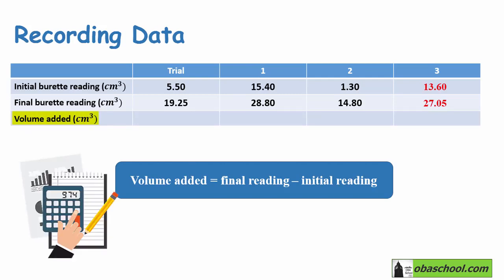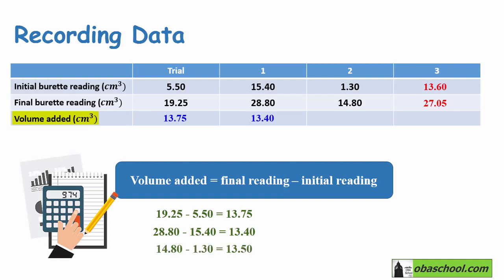We will start with the trial. 19.25 minus 5.50, which is equal to 13.75 cm³. For run number 1, 28.80 minus 15.40, and this is equal to 13.40. For the second run, we have 14.80 minus 1.30, which is equal to 13.50.